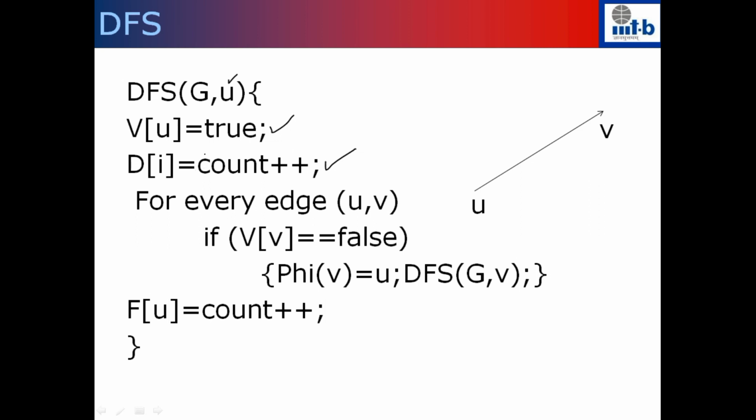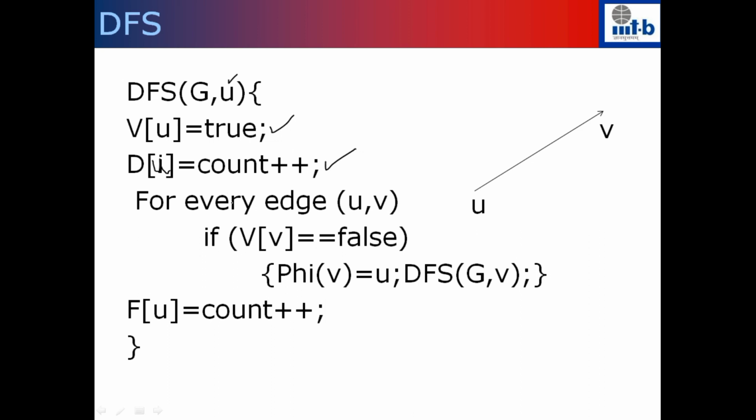I will store the current value of the count, and this is a kind of counter which will keep ticking up. Whenever you assign it to something, it will increase by 1. Since I have changed the flag of u to be true, I will note that the vertex u has been discovered.